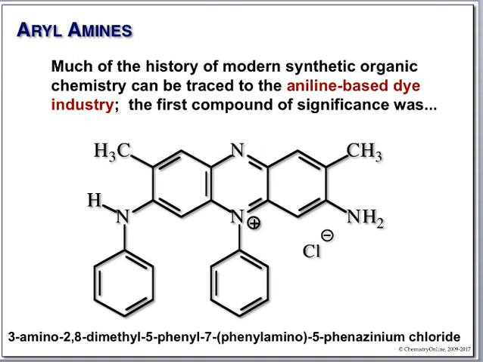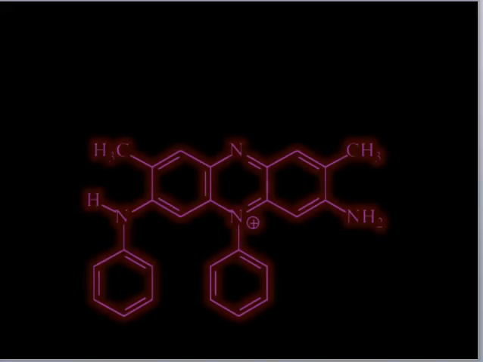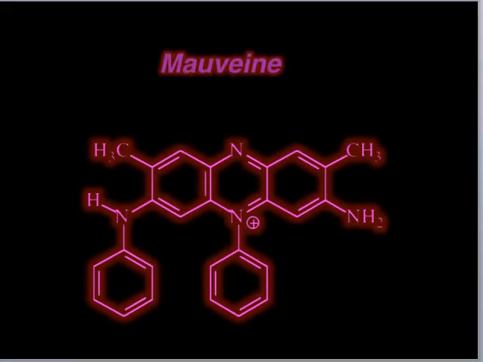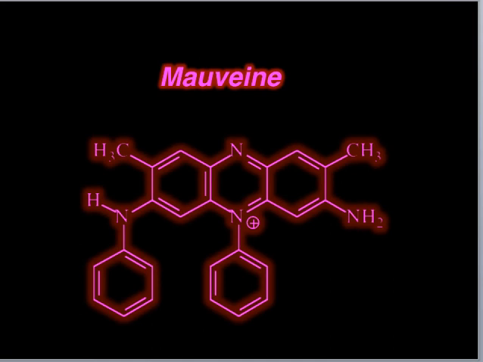This doesn't sound very neat, but this is mauve. It was a beautiful purple color, could totally replace indigo. It was stable, and you could make it on the bench. And it made him extremely wealthy.